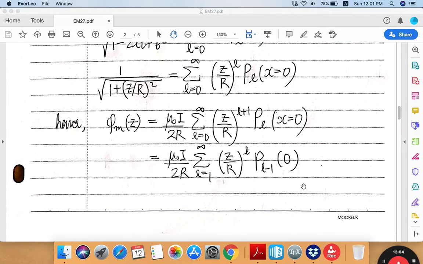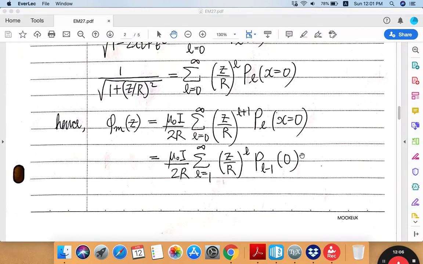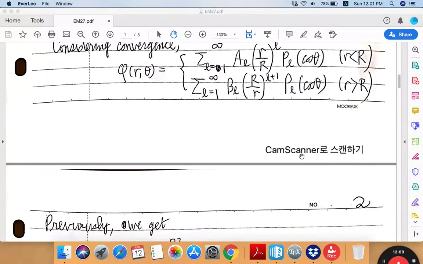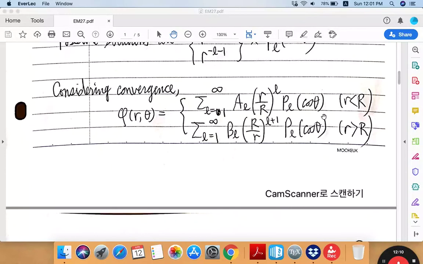And this expression must match the more general expression I have written out here in the special case where cosine theta is 1. Sorry, since theta is 0, cosine theta is 1.